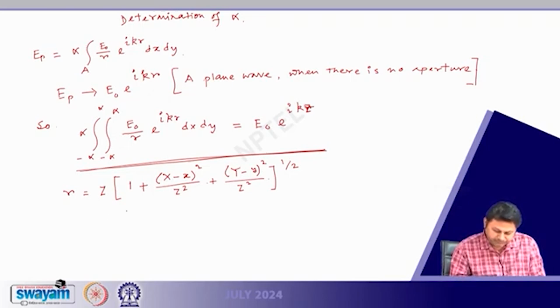Now, considering that (X minus x) divided by z and (Y minus y) divided by z are much less than 1.